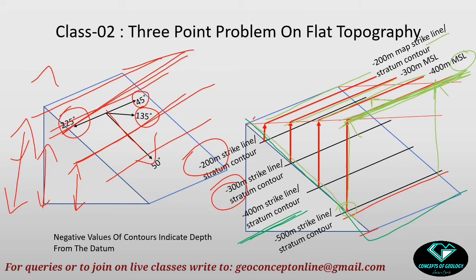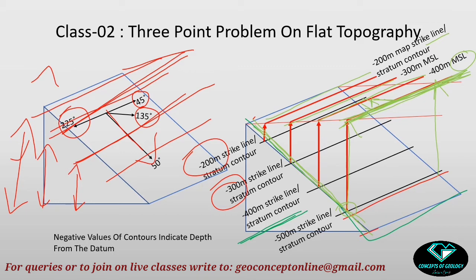Okay, now very clearly, the deeper the inclined plane is, the lesser this spacing will be. Okay, and if eventually the inclined plane becomes vertical, all the stratum contours are going to be superimposed on one another. Okay, and ultimately they will be one line.